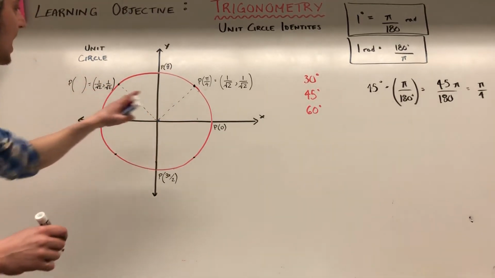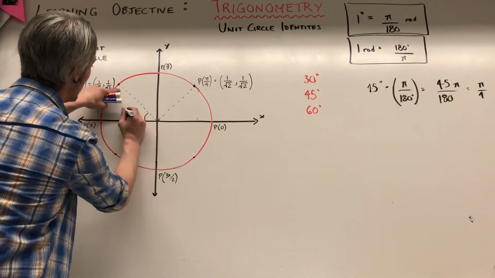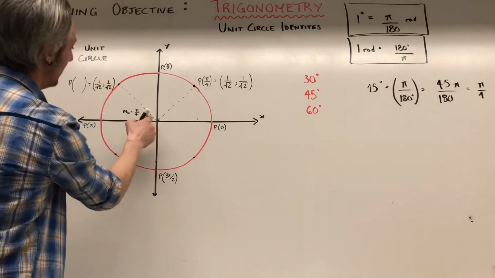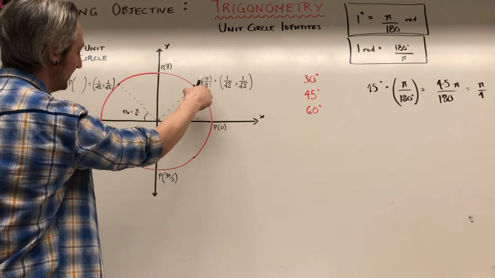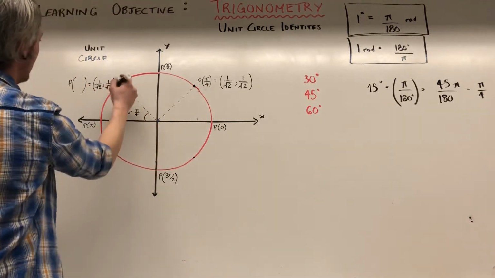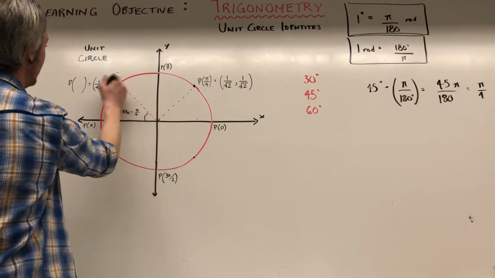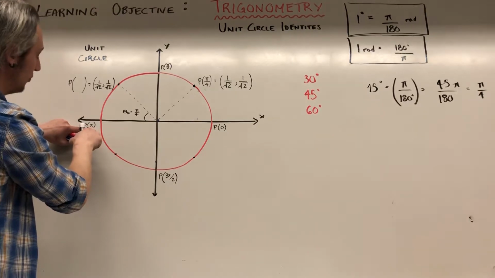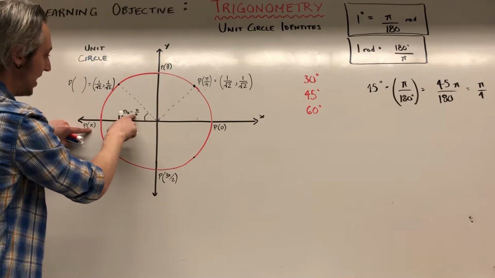At this point, I'm dealing with a reference angle of pi over 4, right? This line from my x-axis is pi over 4 as an angle. It's the same as it is here. But as an angle in standard position, this occurs at pi minus pi over 4, 180 minus 45.